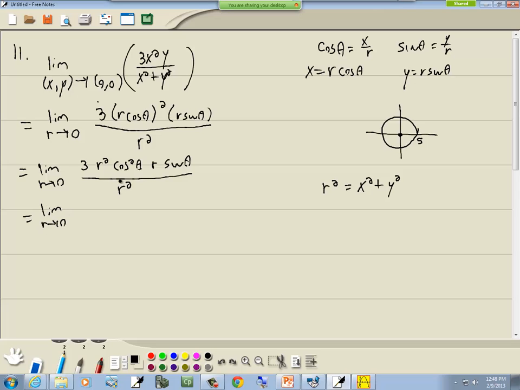Well, these r squareds cancel, and I got 3 cosine squared theta times r sine theta. Now, if we plug 0 in for r, I'm going to have 3 times cosine squared theta times 0 times sine theta. And 0 times anything is 0, so that gives us 0.